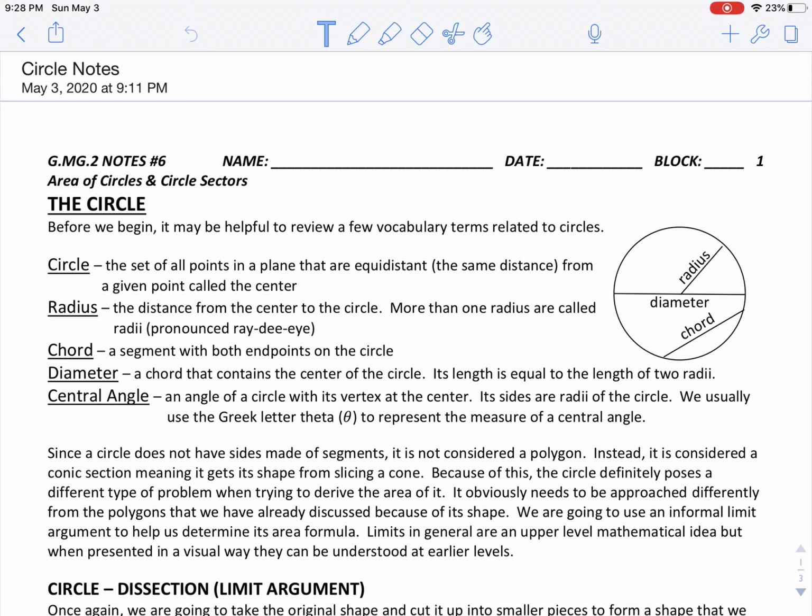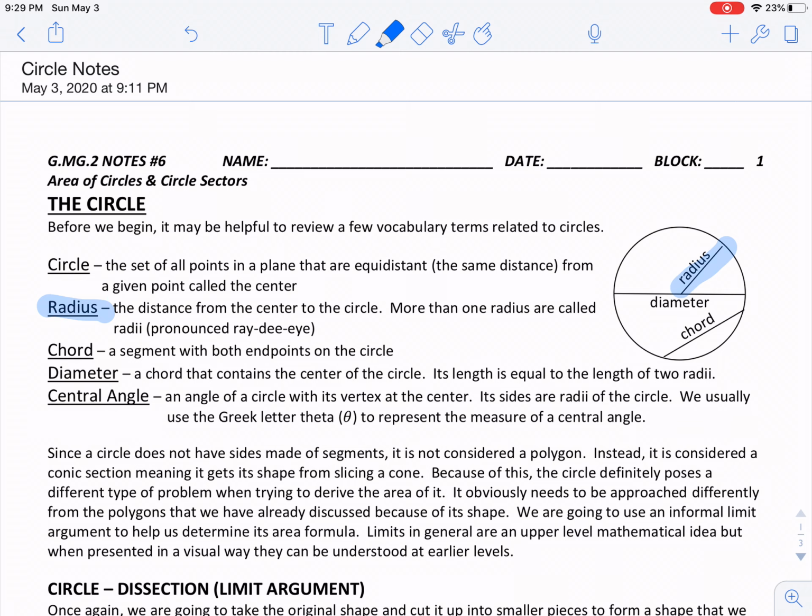All right. So the top of the circles notes, a lot of it is the same type of vocabulary words that we've been dealing with when we talked about circumference. A circle is just a set of all points that are the same distance from a point that's called the center. The radius is the big one today. It's any line segment from the center of the circle to any point on the outside of the circle.